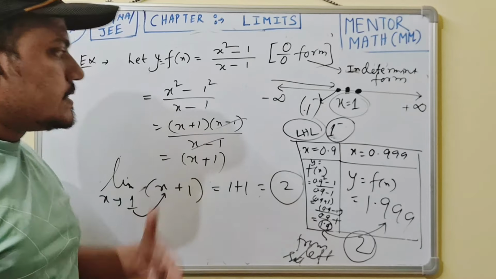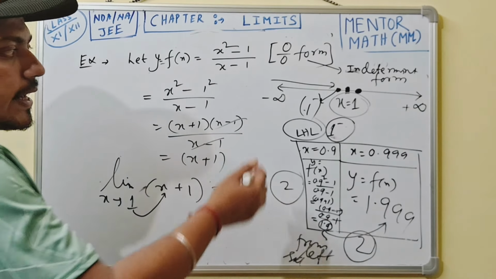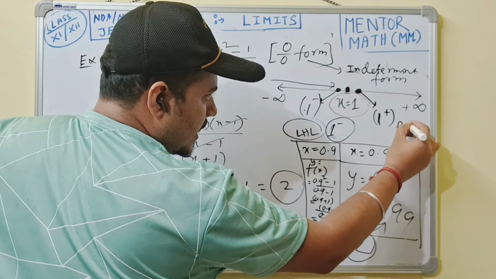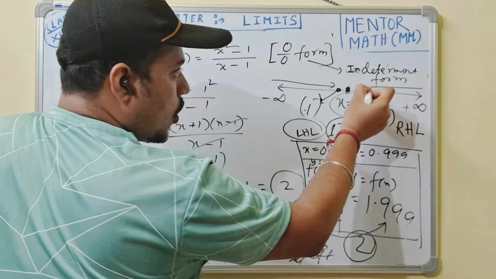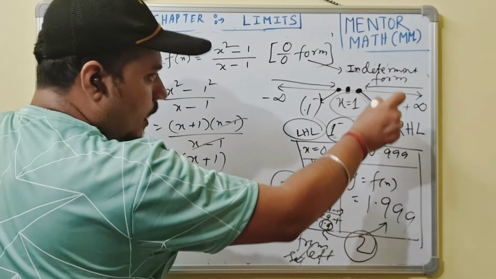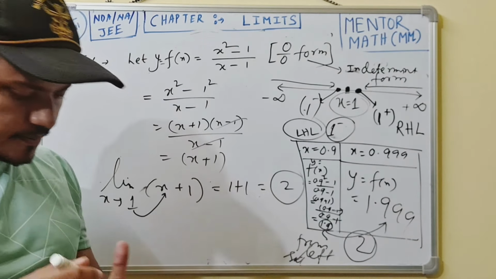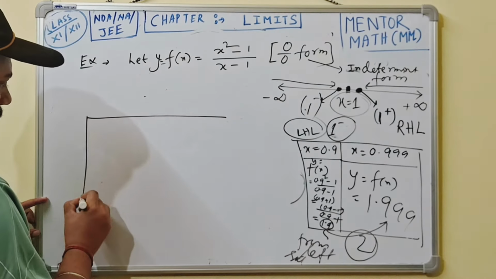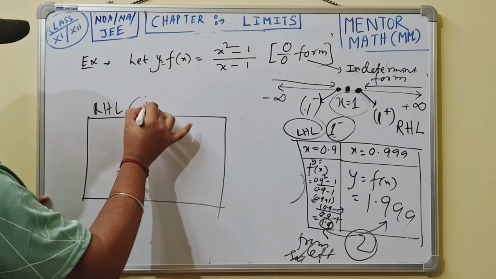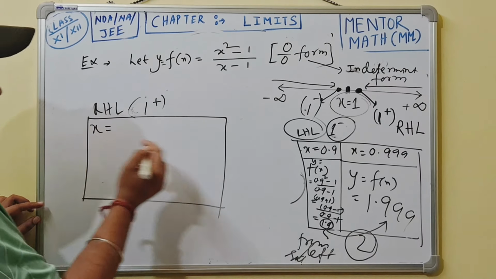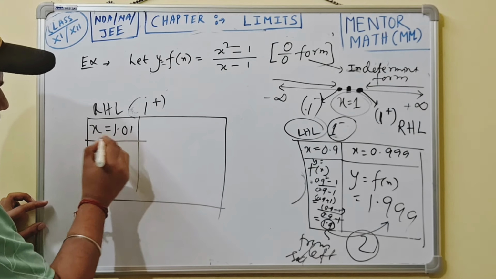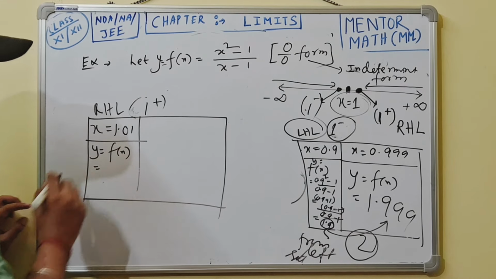Similarly, you can check the right hand limit, that is your 1 plus. It comes from the right hand side close to 1, the right neighborhood of 1 plus, which you also have to check. Note please. Now for the right hand limit, that is 1 plus, if I take x close to 1 from the right side, say 1.01, observe the value of the function, which value it gives.